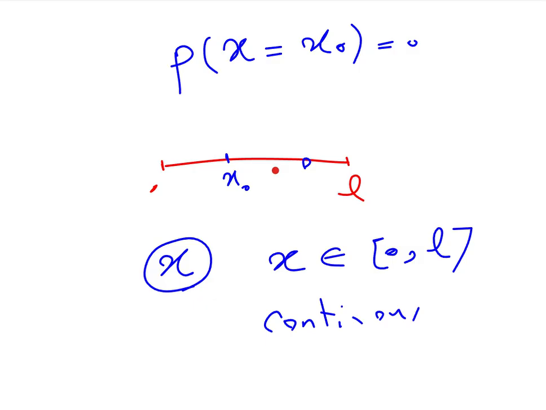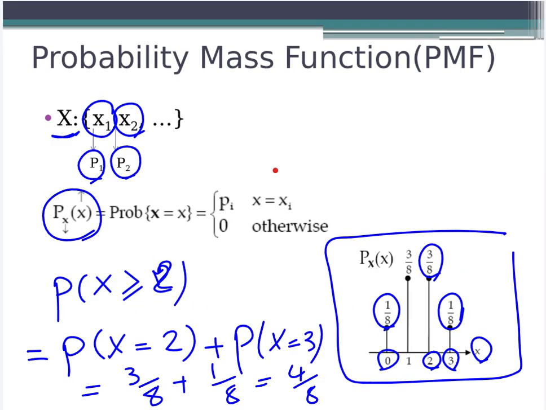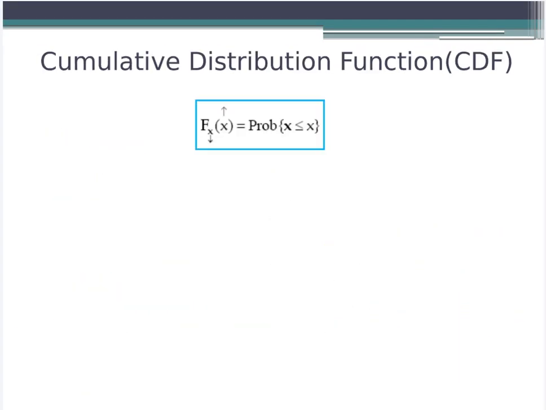So we can't define a PMF for a continuous random variable. But how can we fully understand a continuous random variable? Now we need to define a different function.